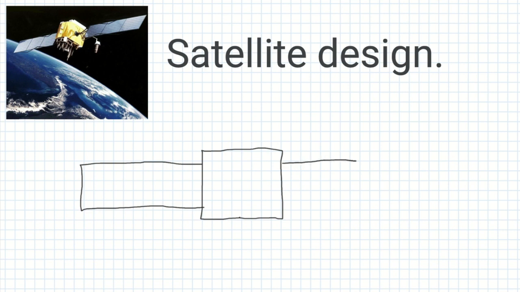I'm going to draw them like that because that's how we design it. There we go. Now you can see it's got a bit of an aerial sticking out the back there. So I'm going to add that in using a very tall, thin rectangle.